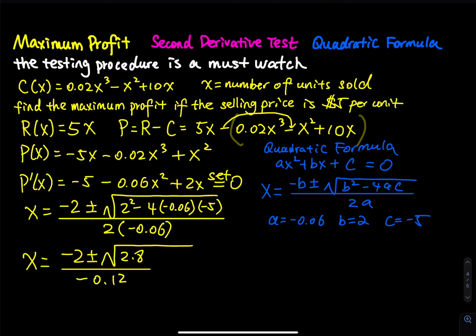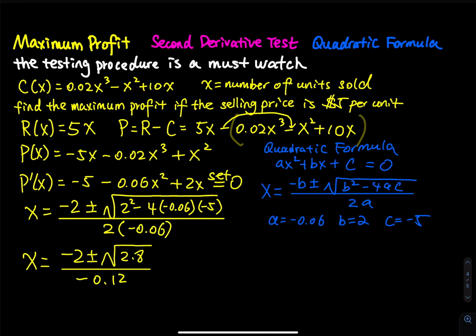So this one, you have to consider both the plus and the minus. x is the number of units sold, so depending on the problem you get on your homework or exams, you have to make sure that x is positive. Some people might just forget about the minus, because they think if we take the minus in the numerator, we might end up with a negative, right? That is not right.